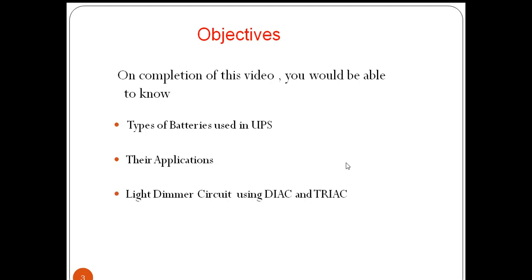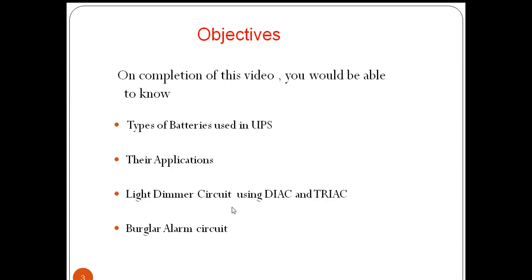So in today's class we will mainly focus on the types of batteries used in UPS. This is the topic which is left in UPS. First of all, we will complete the types of batteries used in UPS and the applications of storage batteries. Now we will switch over to applications of power electronic circuits.